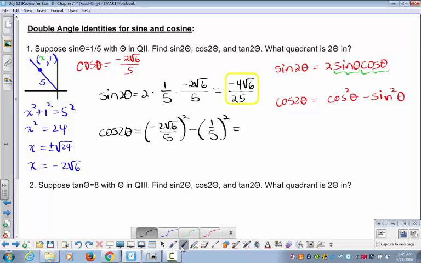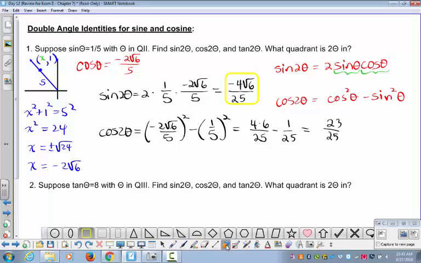So that's 4 times 6 in the numerator, squaring the negative 2, squaring the root 6, and in the denominator, we have 25. In the second fraction, we get 1 over 25. So that'll be 24 minus 1, which is 23 over 25. That will be cosine of 2 theta.